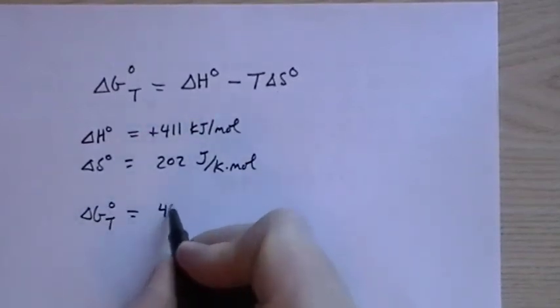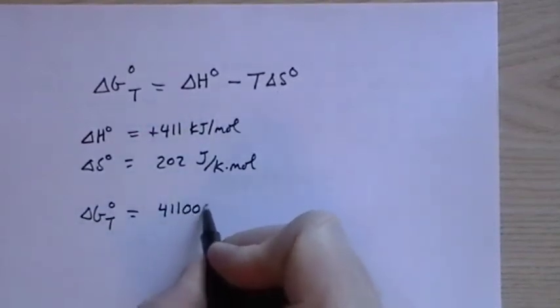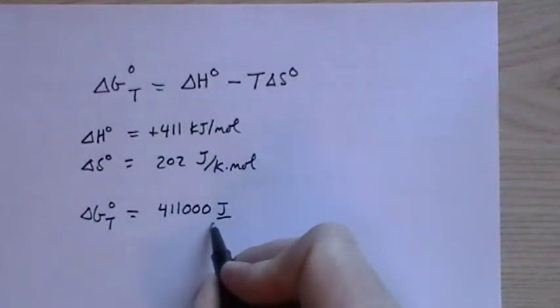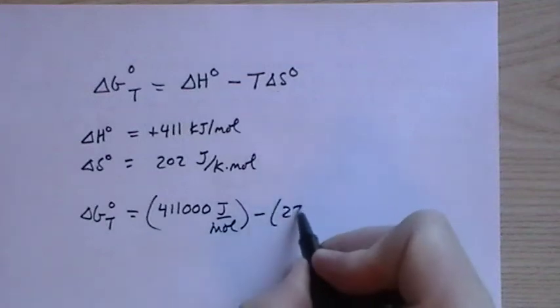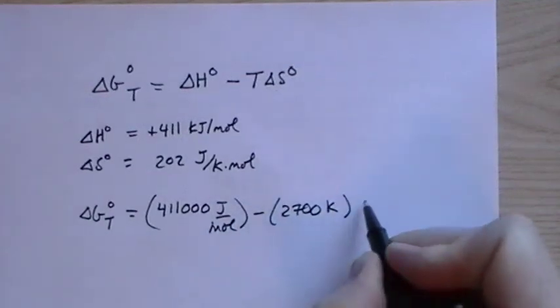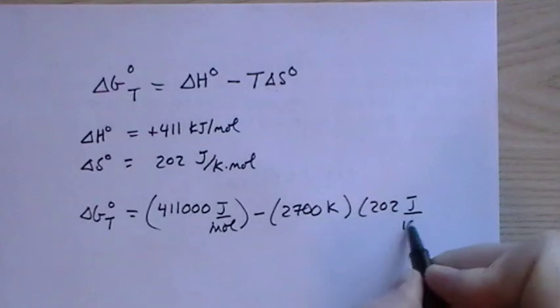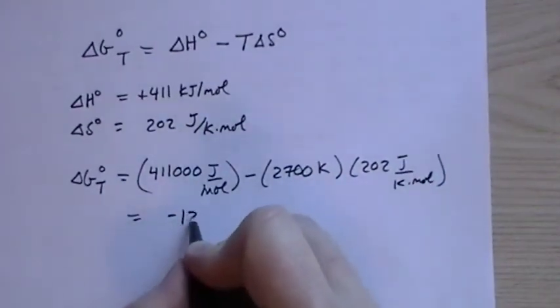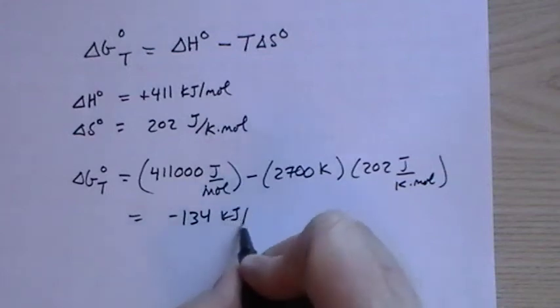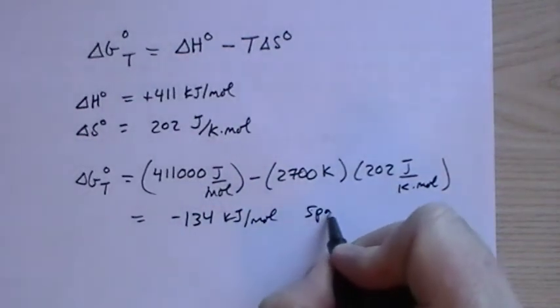This is going to be, we have to change to joules, so that we have the same units on both sides. This is minus 270, 2700, 202, and we end up with minus 134 kilojoules per mole. So now it is spontaneous.